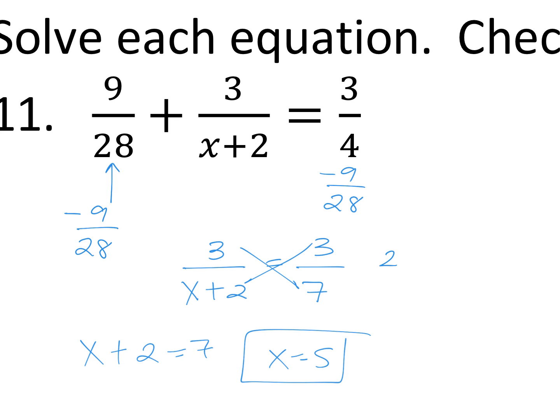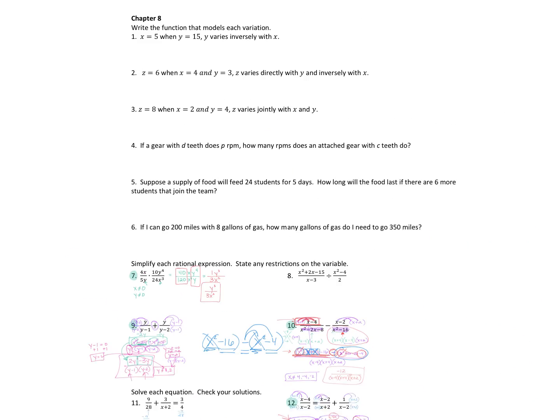So 3 times 7 is 21. This would be 3x plus 6 when you distribute. Take away the 6, divide by 3, you still get 5. So that's up to you. It kind of depends what you see. If you see it as, oh, I have the same numerator, so I have to have the same denominator, take the easy route. Yes.